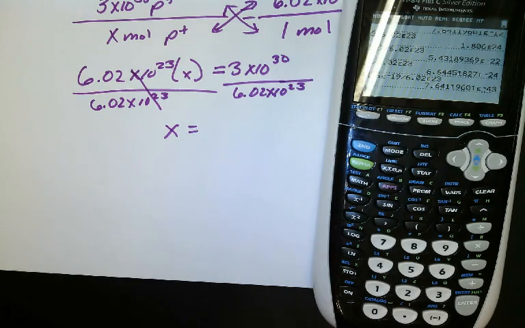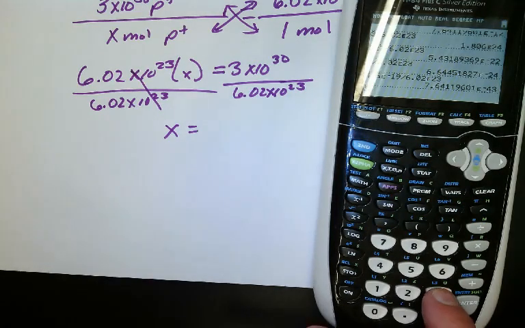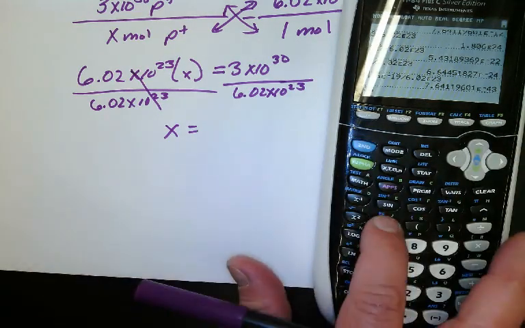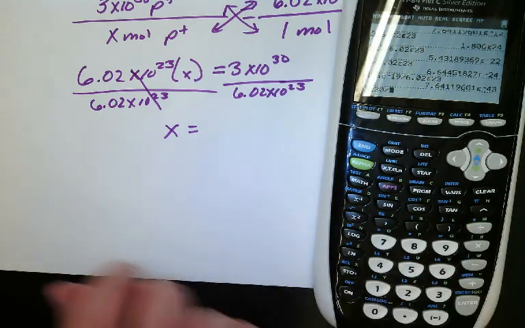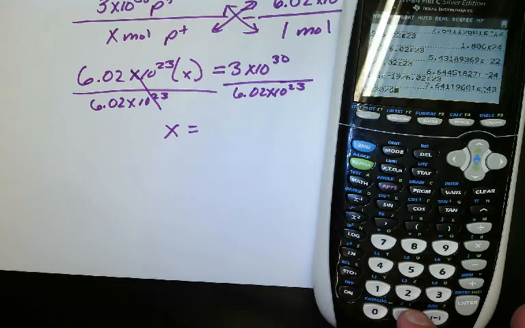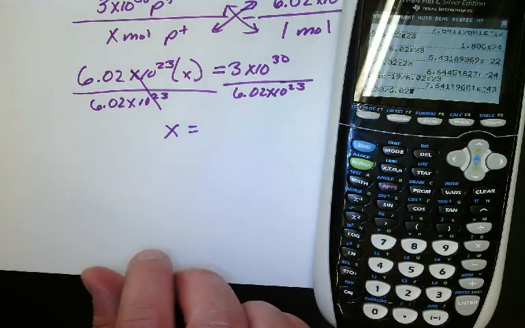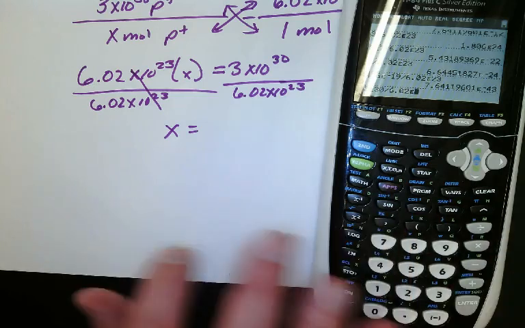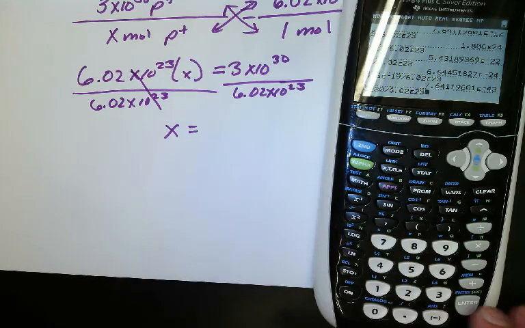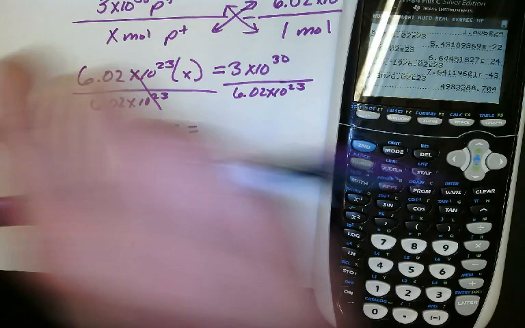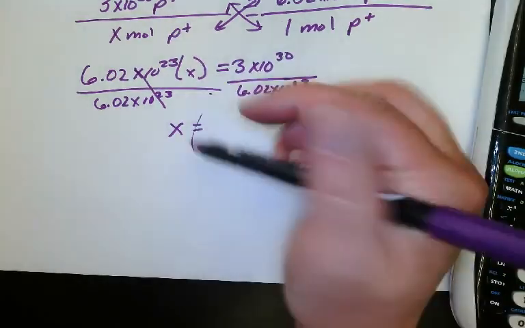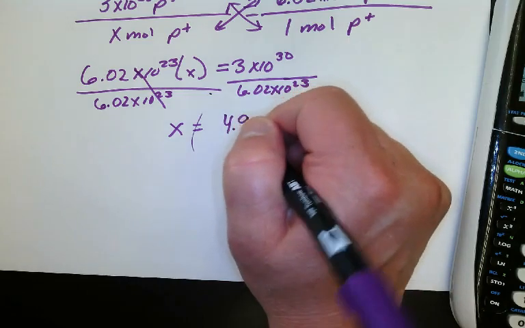Follow right along with me on your calculator. 3 second EE 30 divided by 6.02 second EE 23 equals. Okay. So the answer I'm going to write in scientific notation.